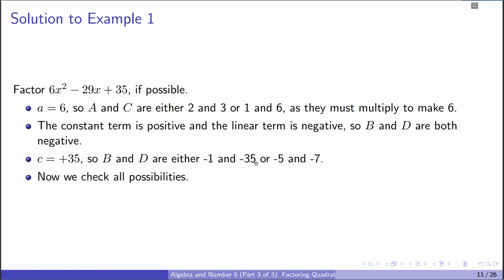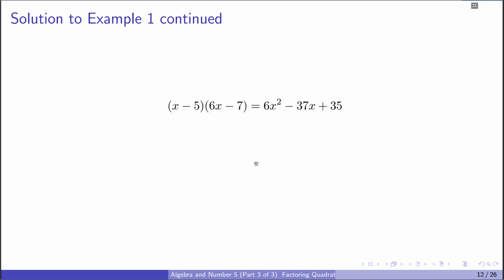Now we could check all of our possibilities. In this case, we have one option: x minus 5 times 6x minus 7. If we multiply that out, negative 5 and negative 7 make the positive 35. 1 times 6 makes the 6x squared. Negative 30 minus 7 gives us a negative 37.